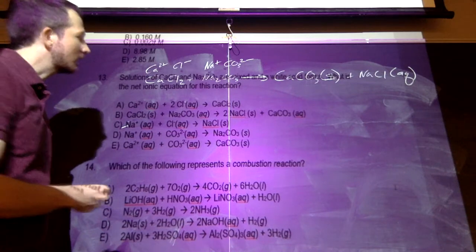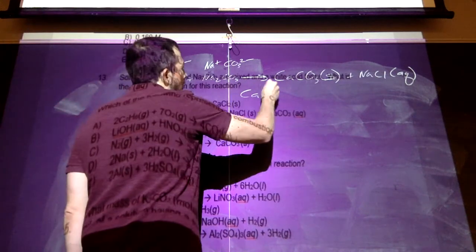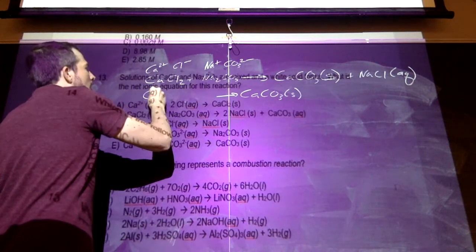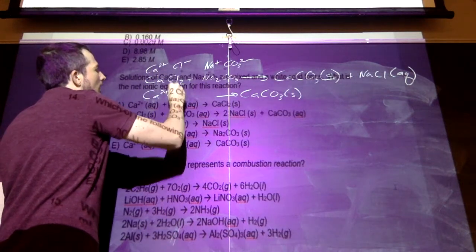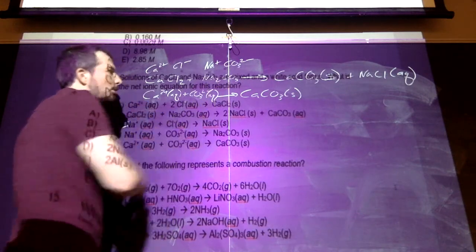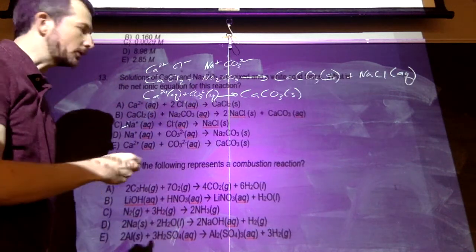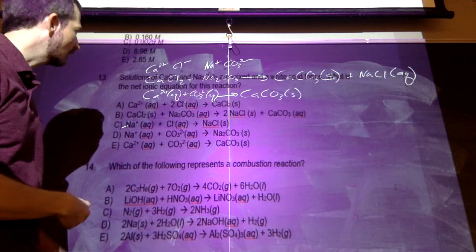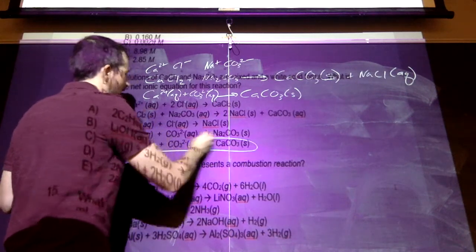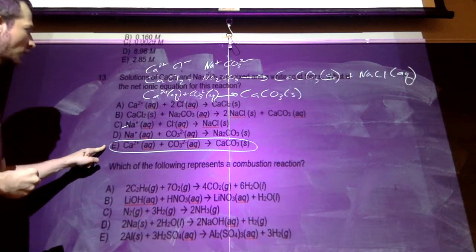The net ionic equation will be showing the 2 ions that come together to form your insoluble precipitate. So your calcium ion plus your carbonate ion forming your calcium carbonate. So E, correct answer.